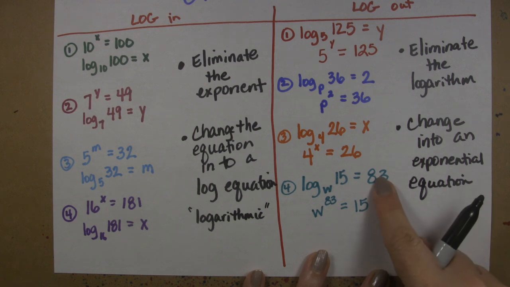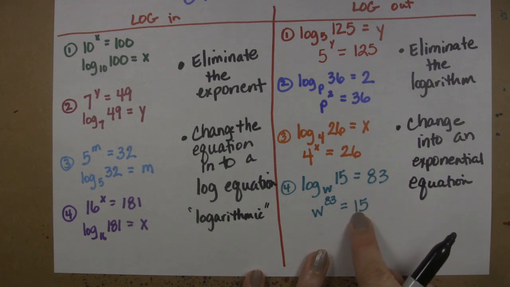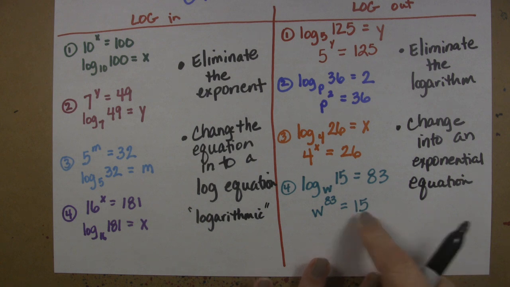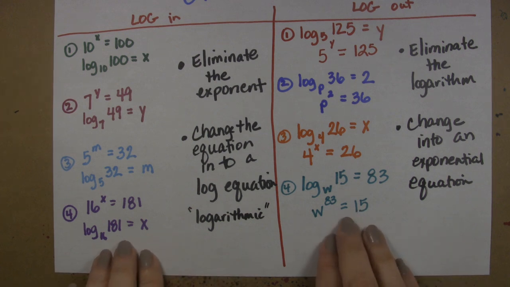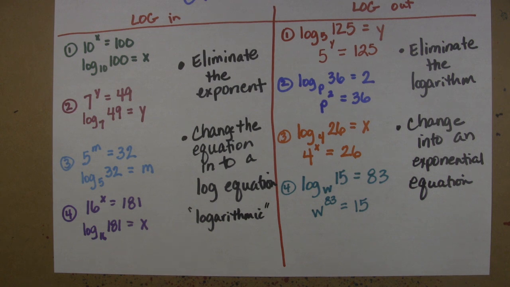So first it started in a logarithmic equation and then we changed it into an exponential equation. So these are the typical types of problems that you will encounter in this chapter. And remember, they're not asking you to solve for the variable. They're just asking you to manipulate the equation.